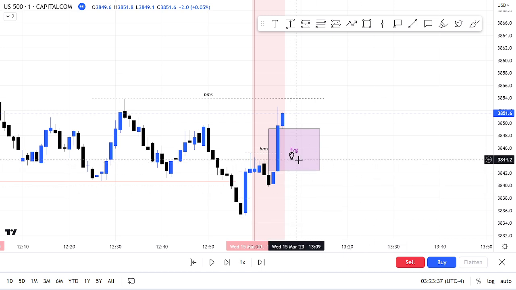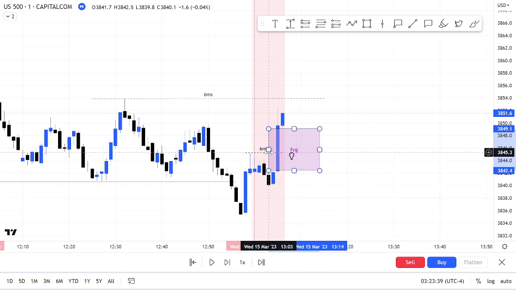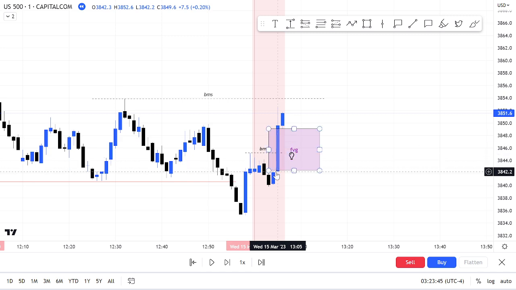Alright, so this is what we get now: an ICT fair value gap. When we have candlesticks that are traded with a lot of displacement, then the next candlestick that comes after it closes above it and creates a space between the previous one and the new one.